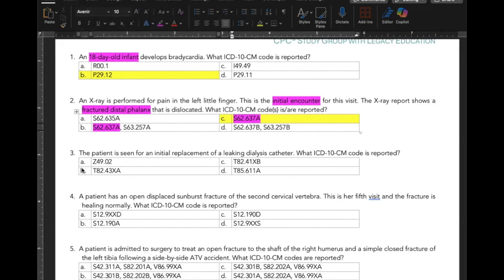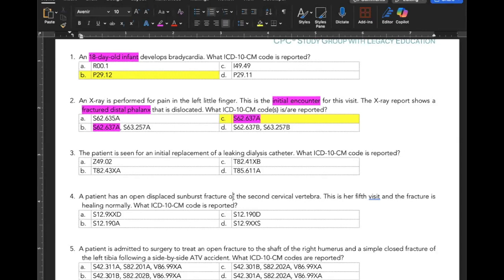So again, from a testing perspective, we already know what we're doing, right? But let's just go back there and make sure that we're following everything through. Sorry, I got distracted. What is it that we just said for the index? We went complication and then catheter, down to dialysis and then mechanical leakage. And that brought us to T82.43.